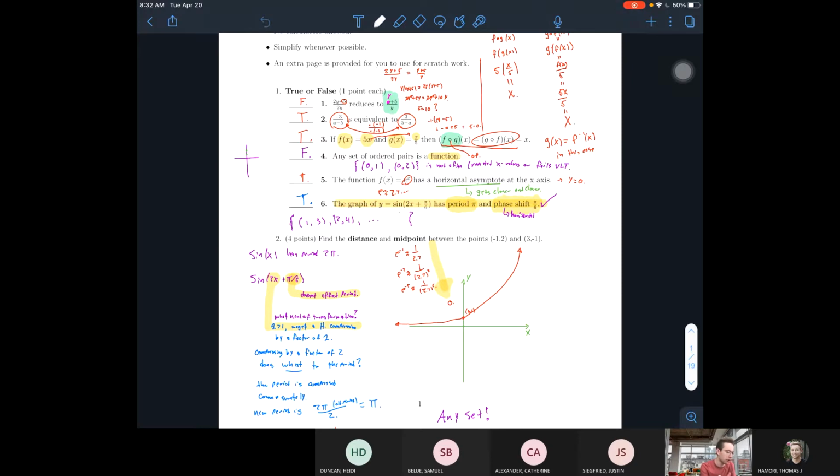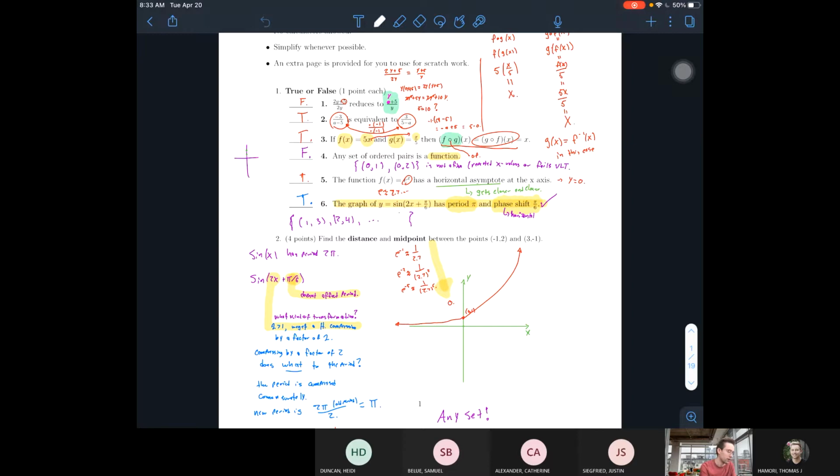Remember, that had to do with no repeated x values. If there are no repeated x values, or if it passes the vertical line test, then the set is a function. So we could come up with a set of ordered pairs which did not satisfy those criteria, and therefore it wasn't a function, and so that was a false.